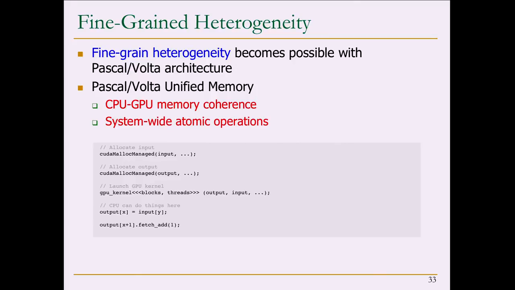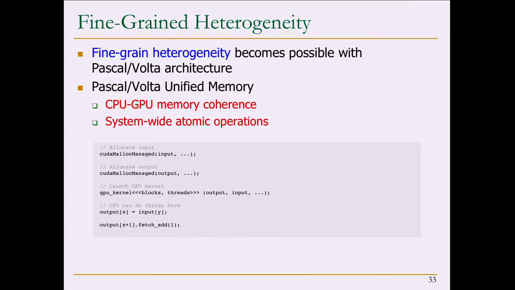Recall that using unified memory, we can have one single memory allocation, and we are going to be able to have the CPU threads and the GPU threads working at the same time with some input data and some output data. And it's going to be possible even to have CPU threads and GPU threads updating the same output locations, the same output elements.